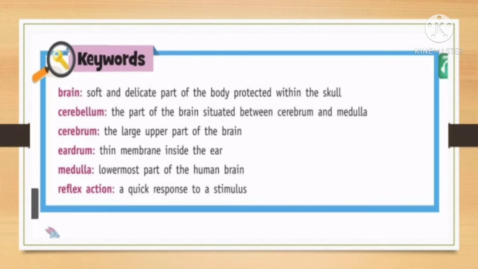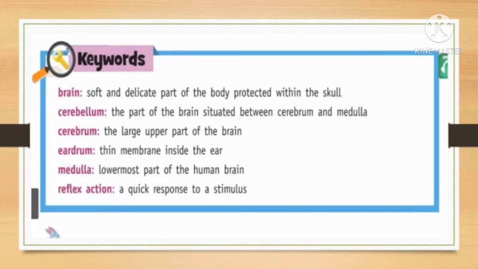One part is the cerebellum, which is in between the cerebrum and the medulla. Then next, it is cerebrum. It is the large upper part of the brain. The upper part of the brain is called the cerebrum.